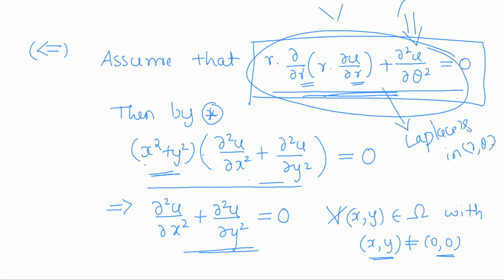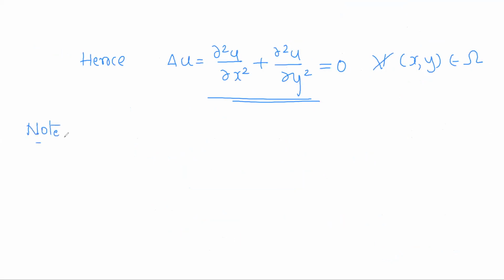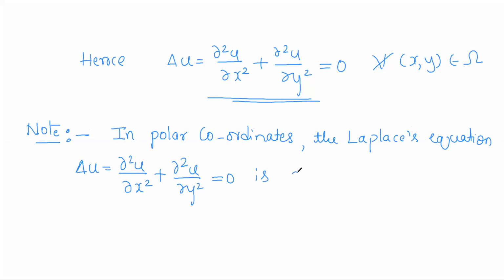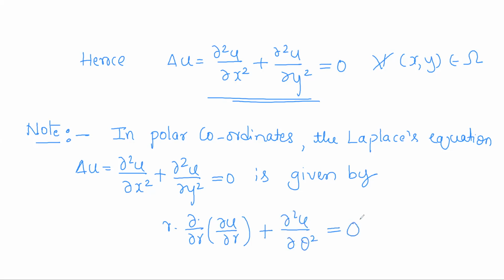Ultimately, we shall make a note of it. Note: in polar coordinates, the Laplace equation Δu = ∂²u/∂x² + ∂²u/∂y² = 0 is given by r ∂/∂r (r ∂u/∂r) + ∂²u/∂θ² = 0.